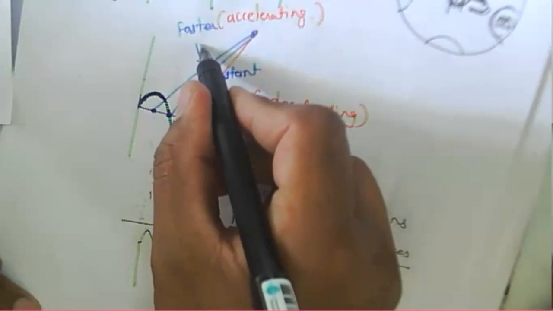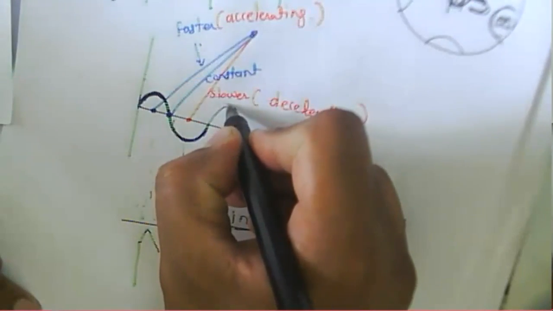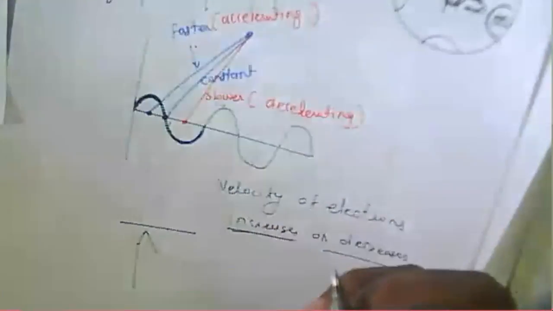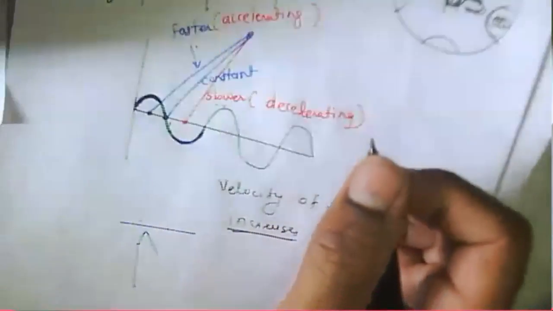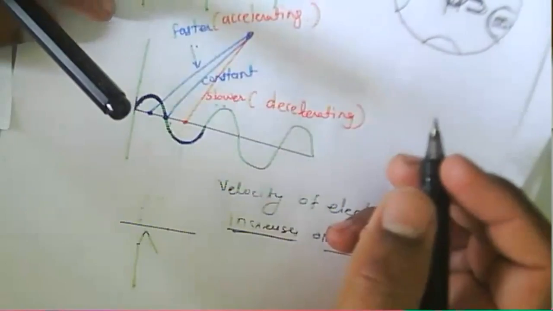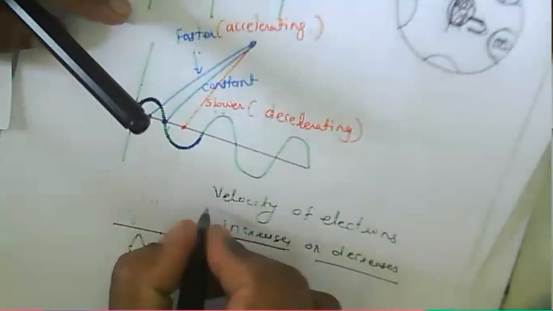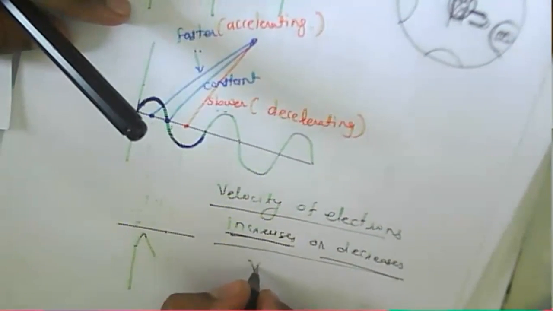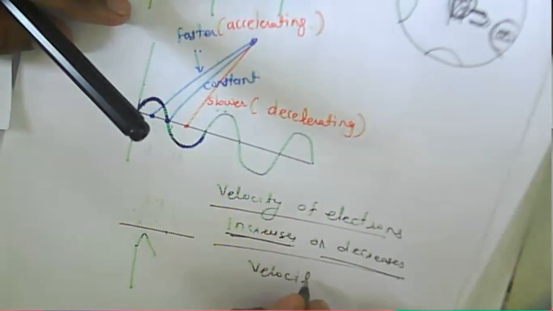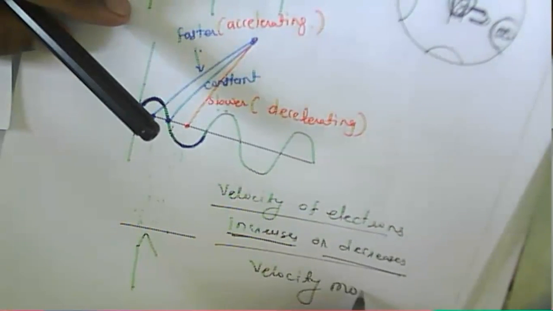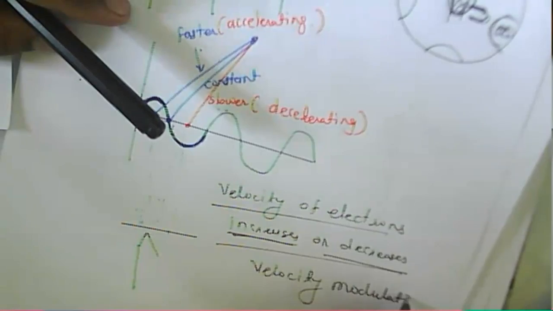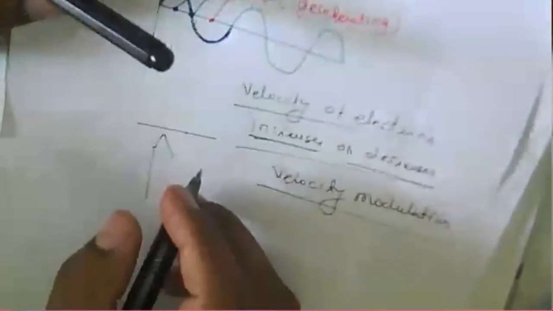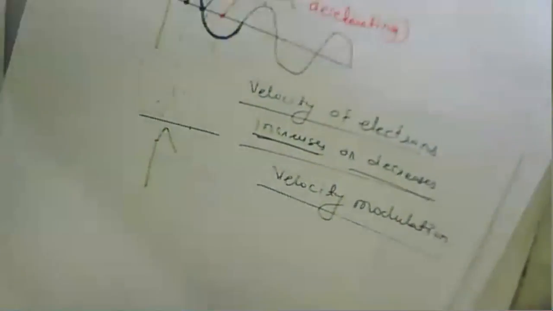So this one is a faster electron, this one is a slower electron, and because of the faster and slower electrons, the velocity of the electron changes. That is called velocity modulation.